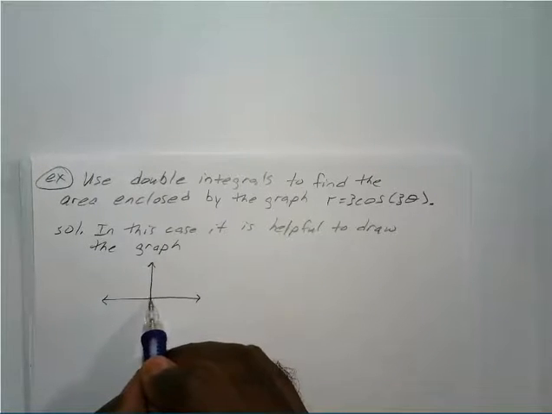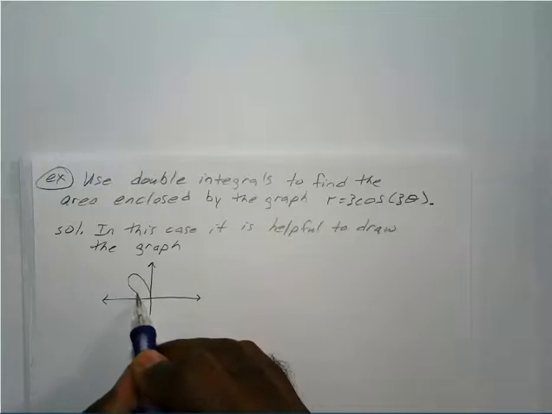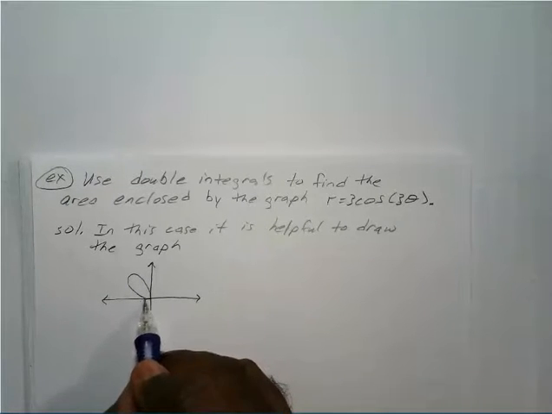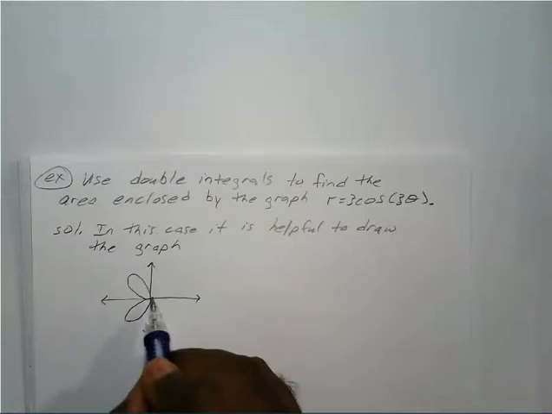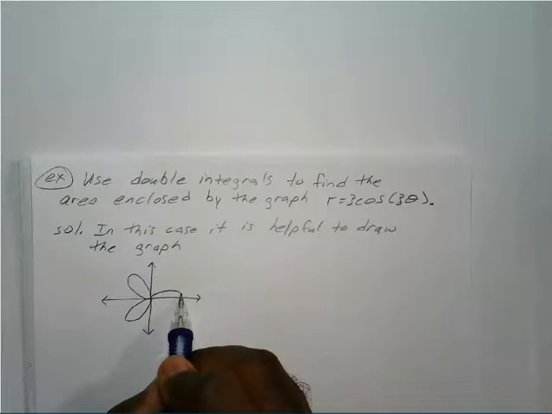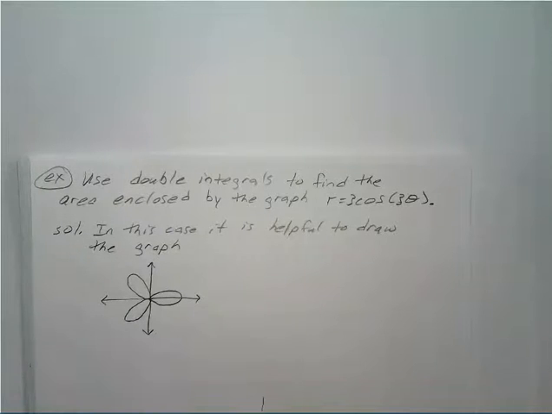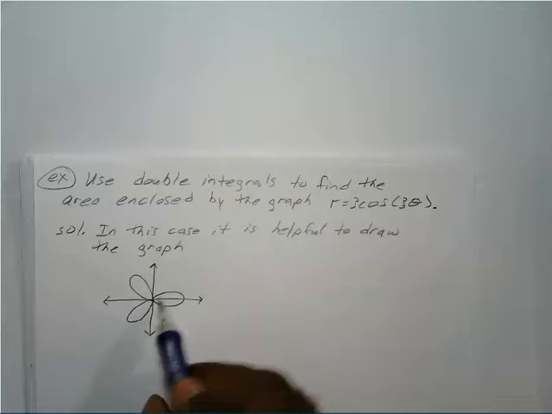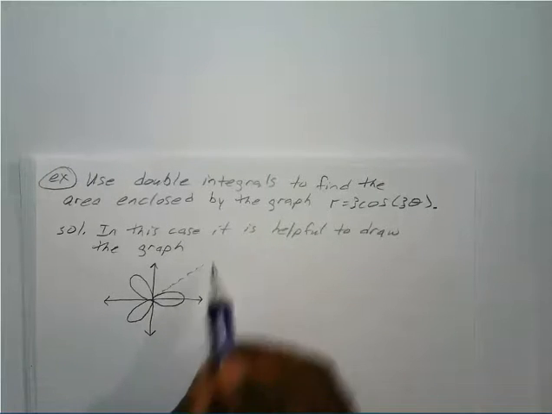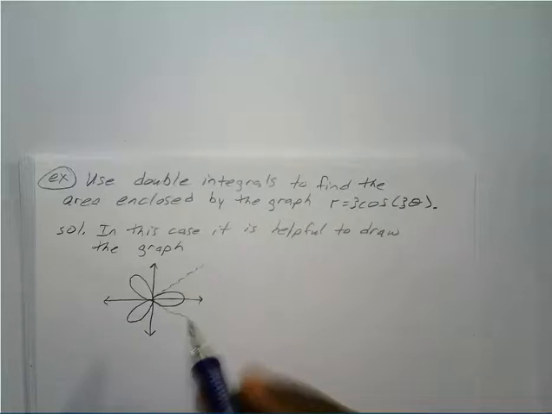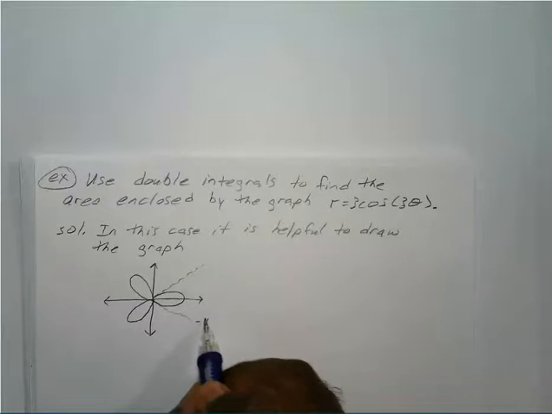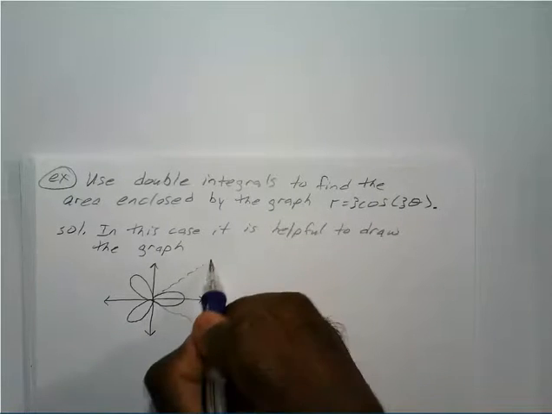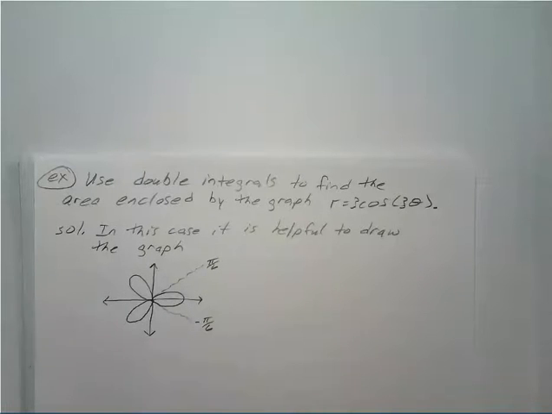Okay, so you have 3 petals, and they're all the same size, so forgive me if I'm a little bit off, but they should be the same size. And this one petal, you can actually get between theta is negative pi over 6 and pi over 6.